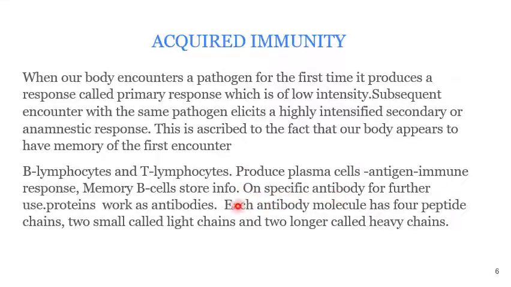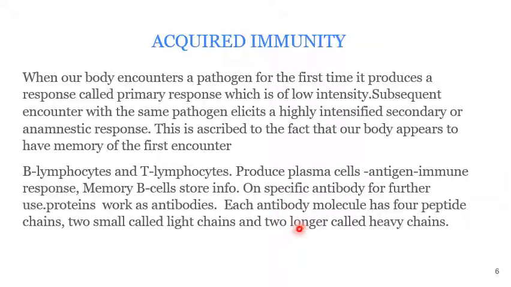Specific antibody is produced for a specific pathogen, and all these are due to proteins. Proteins will become antibodies, and these antibodies can fight the pathogens. There are different types of antibody molecules to fight different types of diseases.